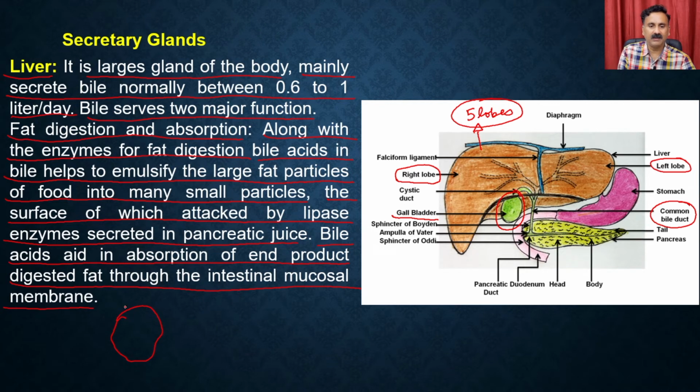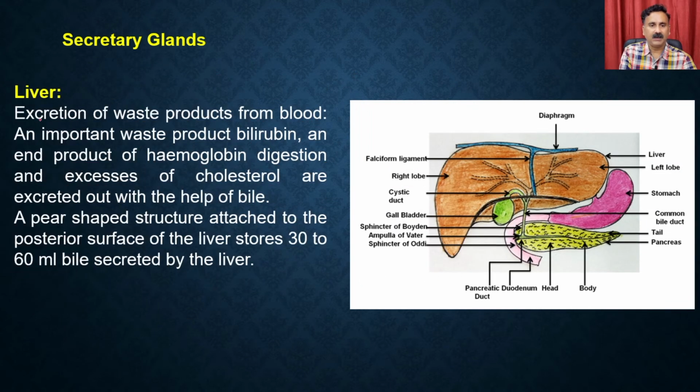Once you increase the surface area, the enzyme can get more surface area to act. It can act on all the sides, and that is how it does better digestion of the fat particles or the fat droplets.